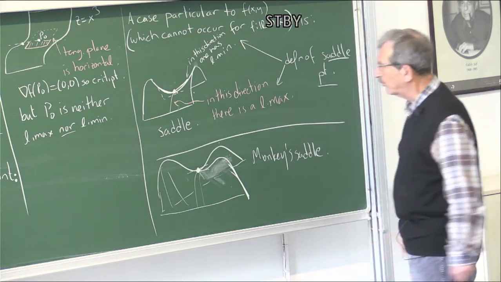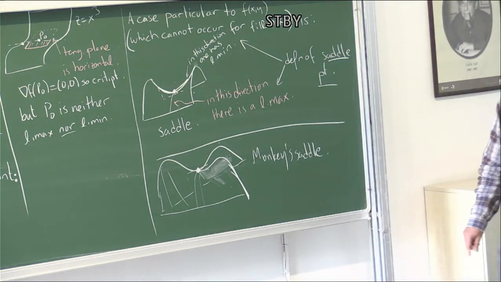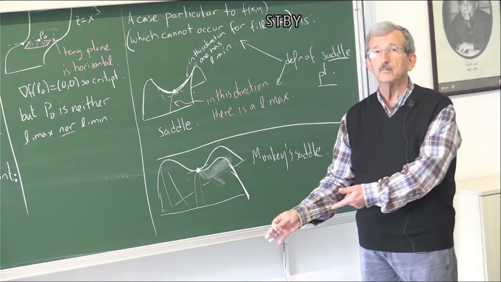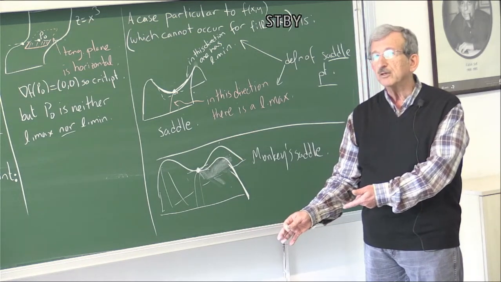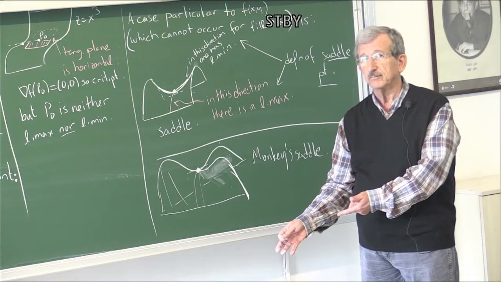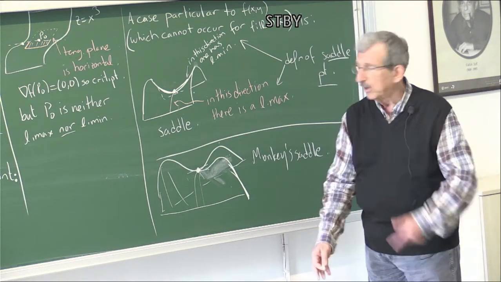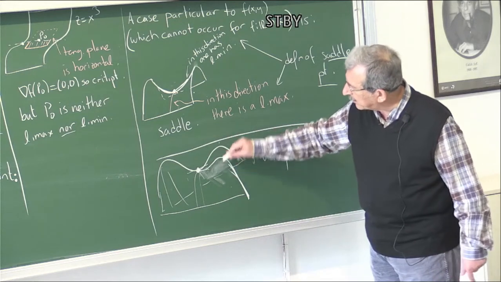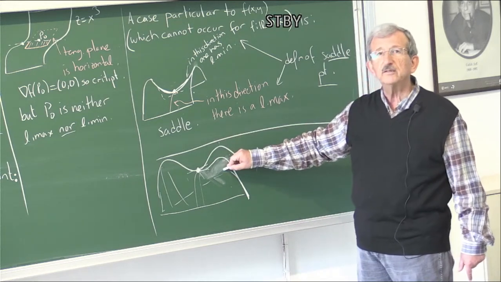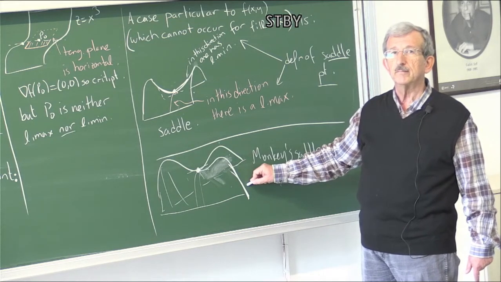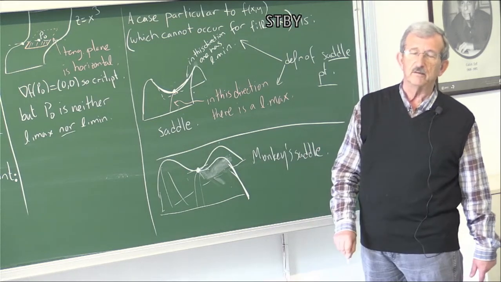This humorous expression comes from the following. If you want to put a monkey on top of a horse, there will be a problem because it will have a tail. So where will the tail go? Well, if you have in the saddle two hills, the tail goes between them. So you have a monkey saddle.